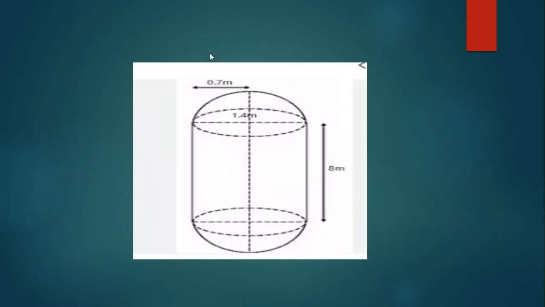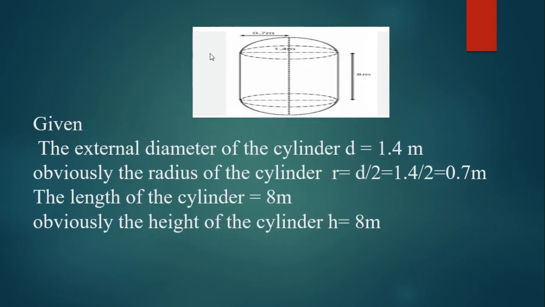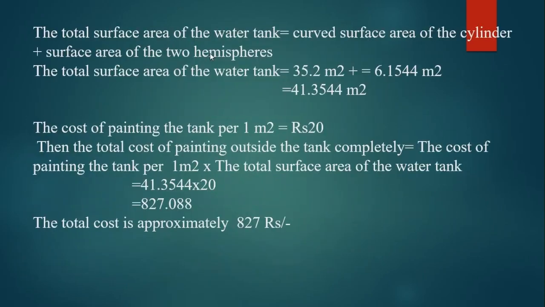When we find the total surface area of the water tank, it is very easy for us to find the cost for painting that particular tank. Step by step: first, we need to note down the given information, then we have to imagine the structure, then derive the formula, then do the final calculation. If we follow these four steps in a proper order, it is very easy for us to find out the required thing.